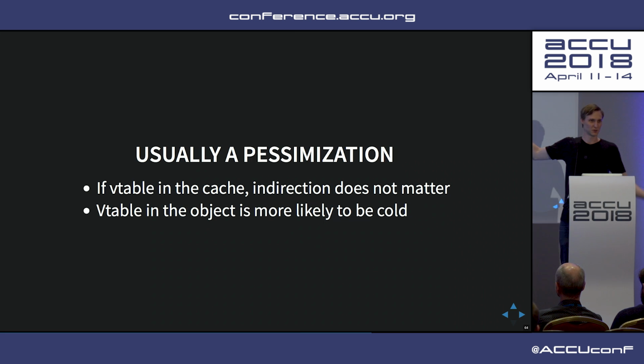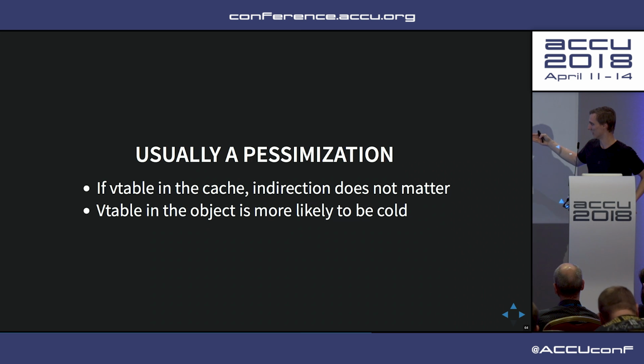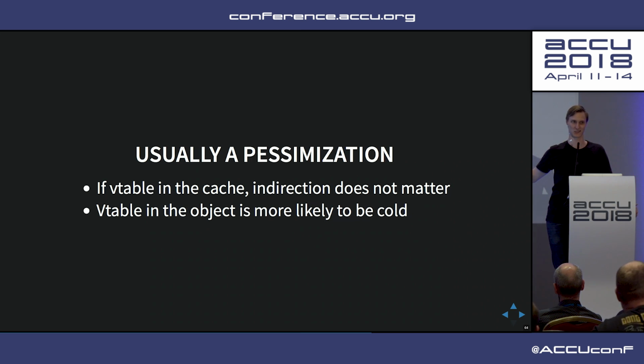But the main point, from my experience, is that it's usually a pessimization, actually. The main reason I've found so far is that if the vtable is in the cache, the fact that it's accessed through a pointer doesn't matter anyway. The vtable's hot, so you don't care about this.